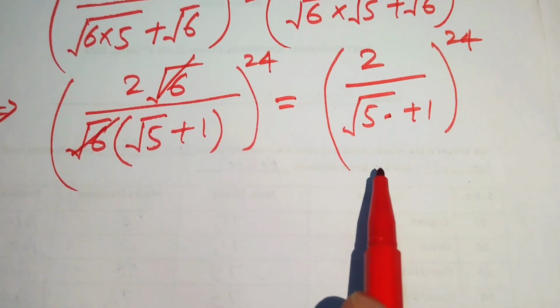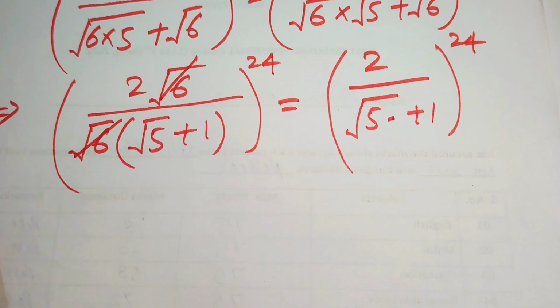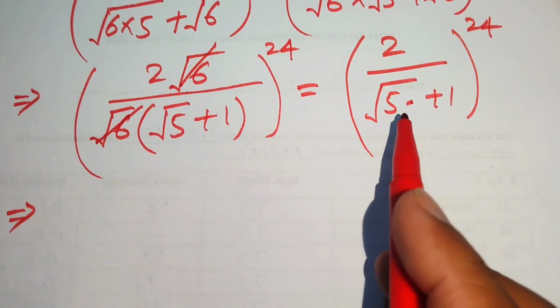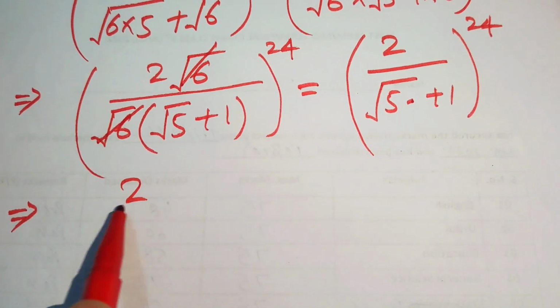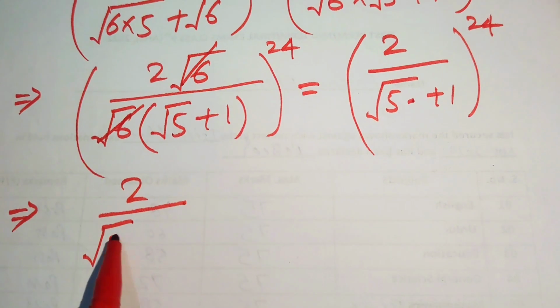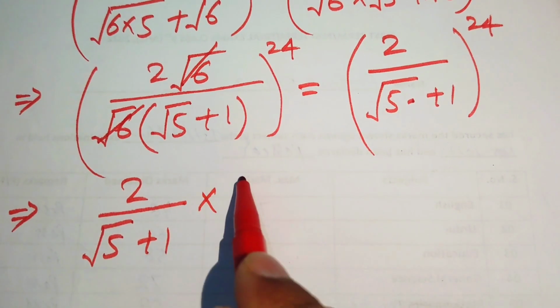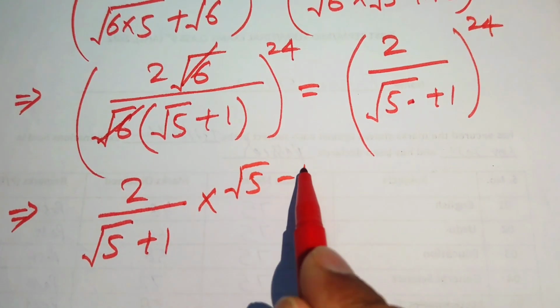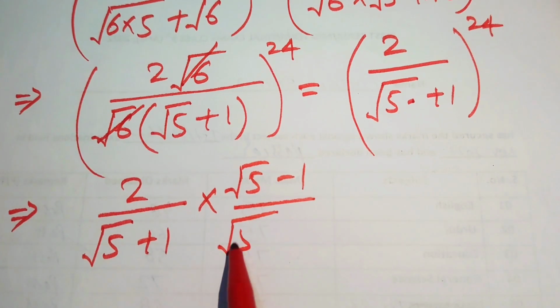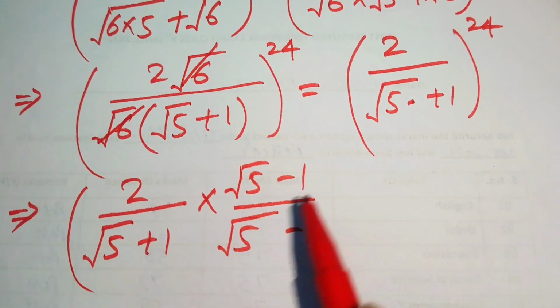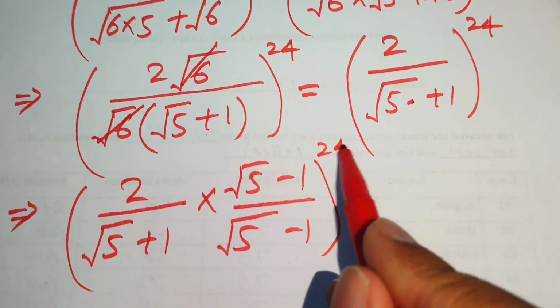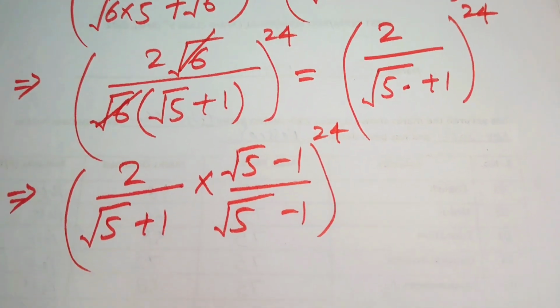So here we rationalize its denominator, and when we rationalize the denominator of this term, it will be written as 2 over square root of 5 plus 1, and we multiply by square root of 5 minus 1 divided by square root of 5 minus 1, and its whole exponent is 24.